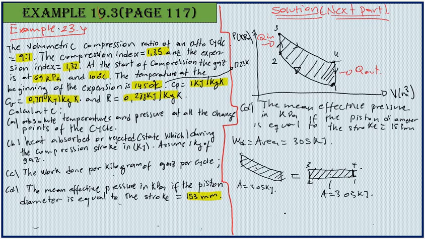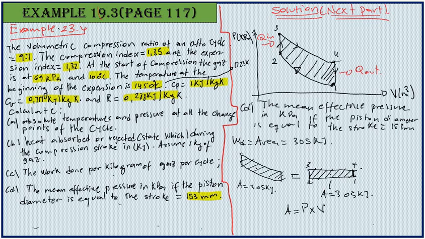For a rectangle we know that area is equal to the pressure, which represents the height, multiplied by the volume, which is the distance on the x-axis. In other words, this distance represents the volume.